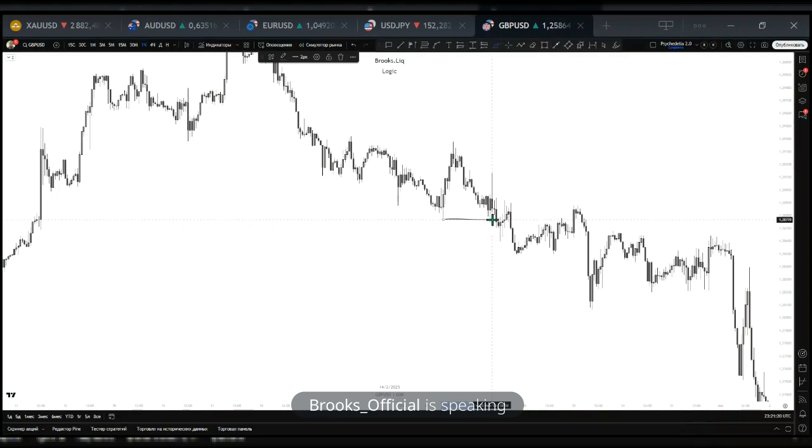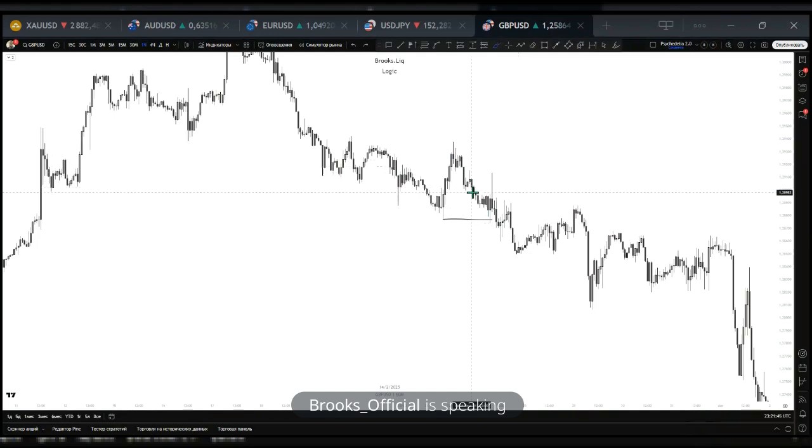So if I'm to mark a supply zone for you, I will not just tell you that this is a supply zone. I won't say this is a supply zone or this is a supply zone. Rather, I'll tell you that this is a supply block and this is a supply block. What do I mean by that?